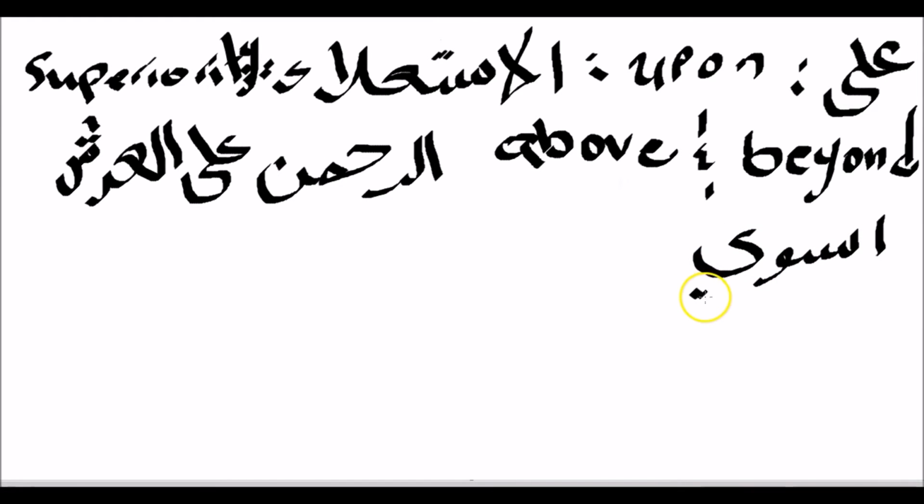That Ar-Rahman is above and beyond the arsh, which is the throne, which Rasulullah said is the ceiling of the Firdaus, the highest place in Jannah. Therefore, the arsh is above all creation. It is above and beyond the creation itself, and Allah is above and beyond the arsh, as He is subhanahu wa ta'ala.